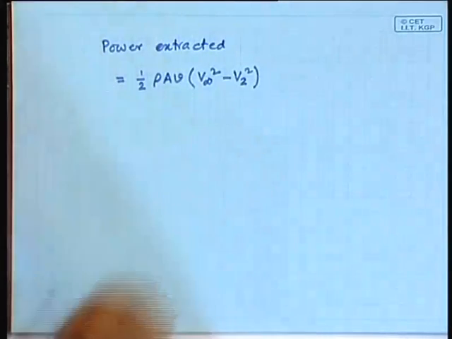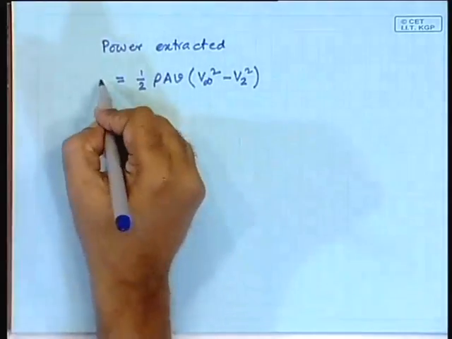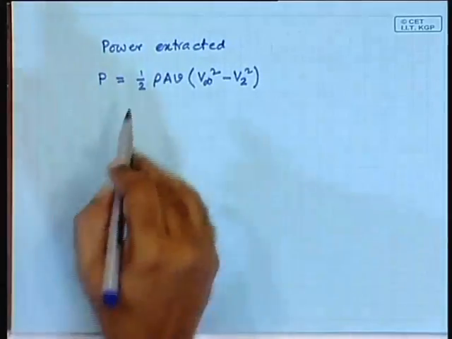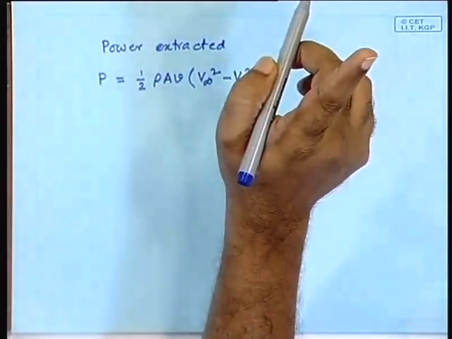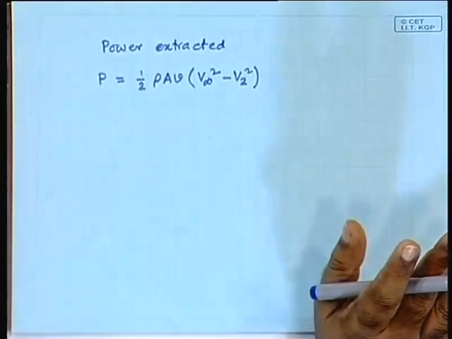Notice what we are driving at. We are trying to express this P in terms of A, so that we can differentiate with respect to A.